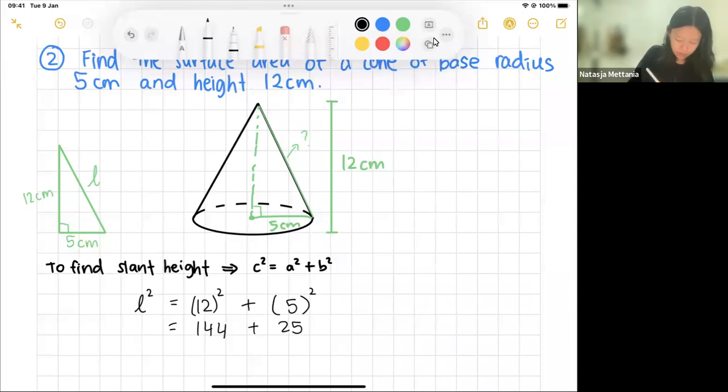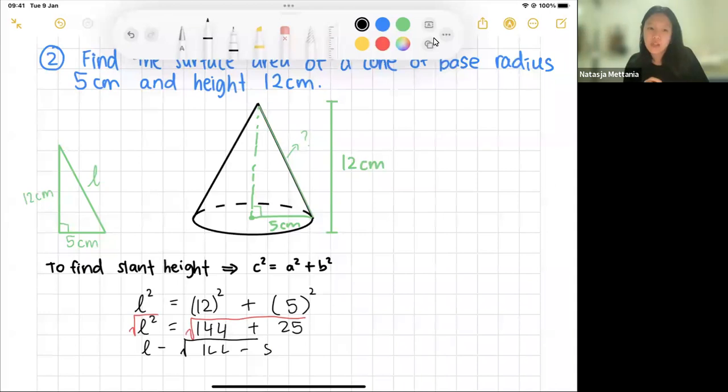Now, what I need to do is, how do I get rid of a squared? We've learned this in algebra techniques. We take the square root of both sides to keep it even. L equals the square root of 144 plus 25.